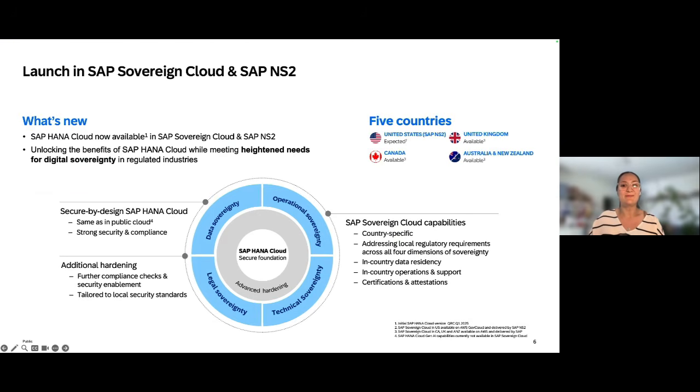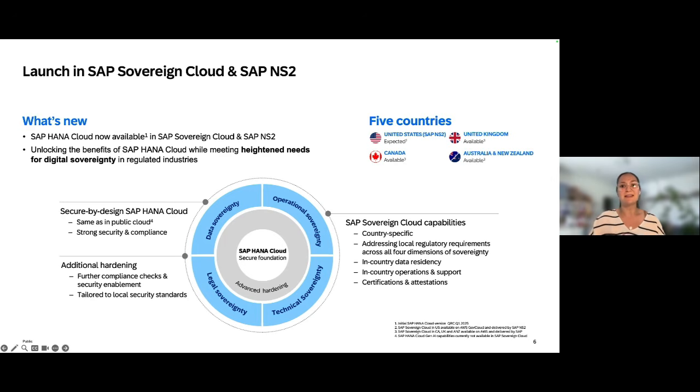With this, we're already entering into the general update. And I am quite happy to start this update with the announcement of the launch of SAP HANA Cloud in SAP Sovereign Cloud and NS2. What does that mean? With this delivery, regulated industries can also benefit from HANA Cloud, as it is now meeting enhanced digital sovereignty requirements.